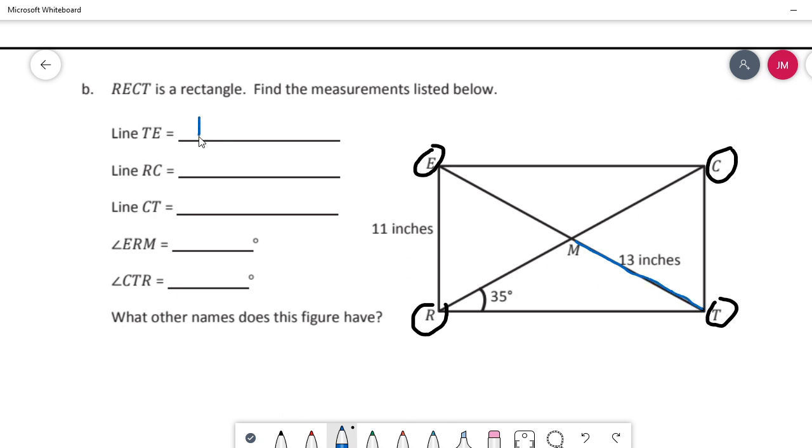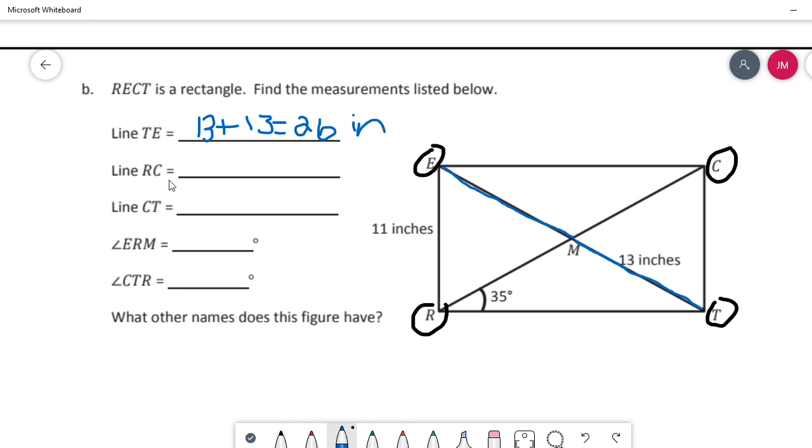So I will write here line T. Then we have to find how much is line E. So this line E, this diagonal, is the same as the opposite one, so that will be plus 13. So that means the total of that diagonal from corner to corner, or from vertex to vertice, it will be 26 inches.